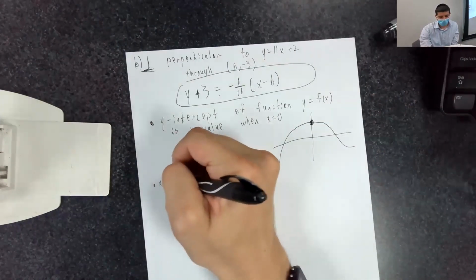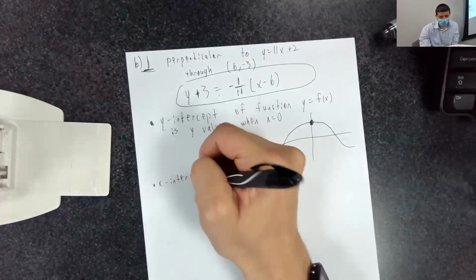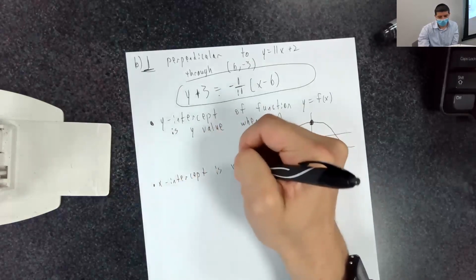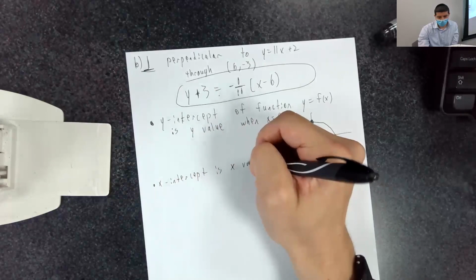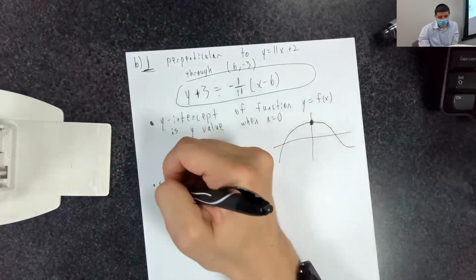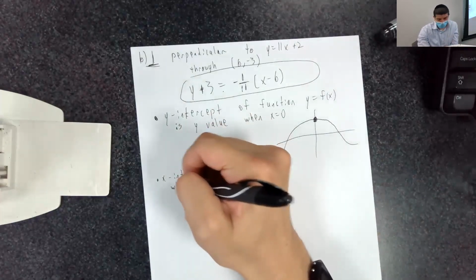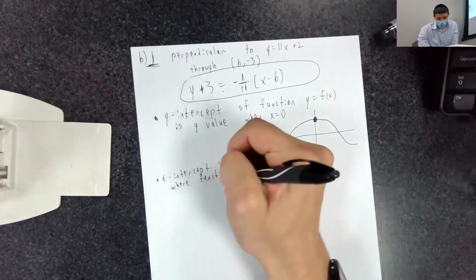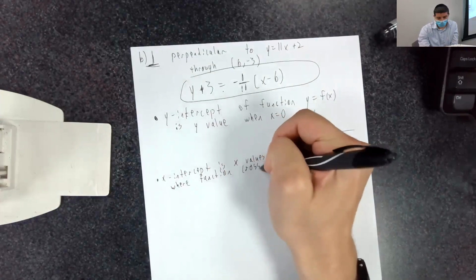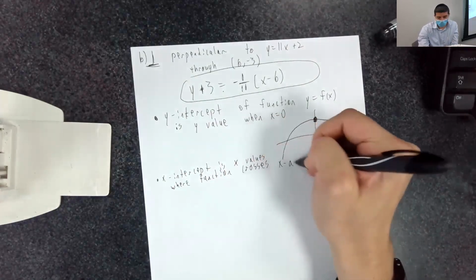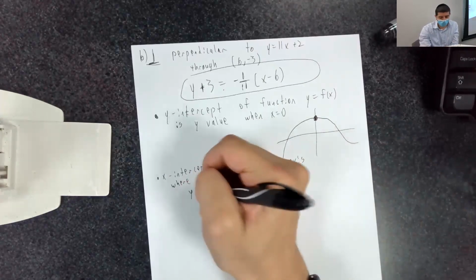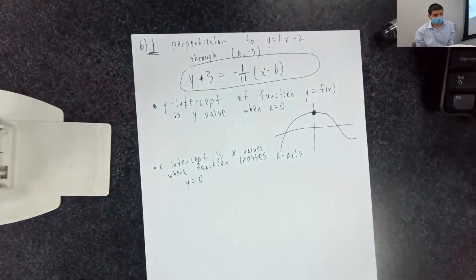So the x-intercept is the x value where the function crosses the x-axis. And the x-axis is where you're setting y to 0. So if you see the WebAssign asking for x or y intercept, it's kind of a graphical thing that you can visualize.